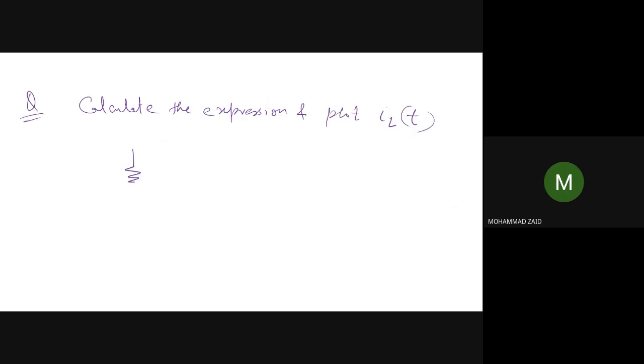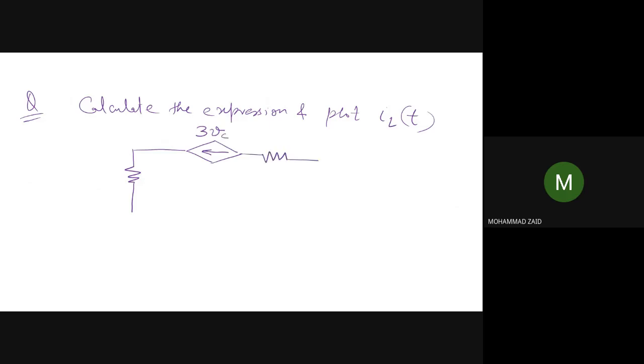So you have a 2 ohm resistance, and you have a dependent current source now. It has a magnitude of 3 times Vc, where Vc is the capacitor voltage.